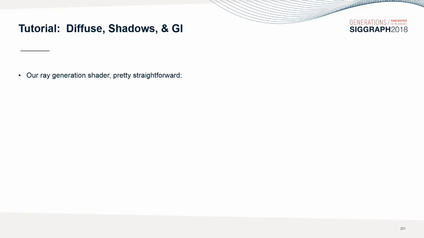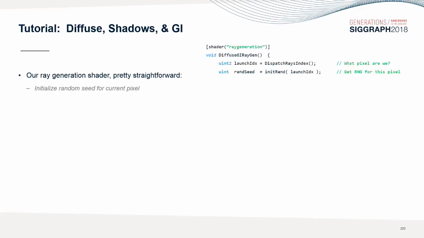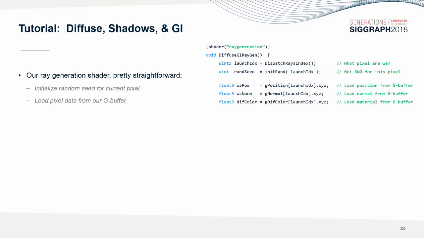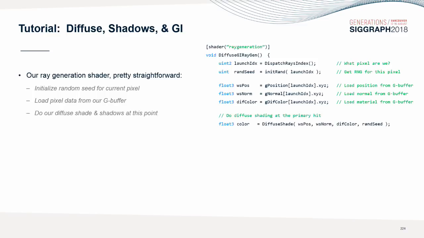So our ray generation shader is pretty straightforward. We're going to launch a ray and figure out our random seed. We're going to grab our hit position, our normal, and our diffuse color from our G-buffer textures. We're going to compute our direct shading at the surface using that same diffuse shade function I just defined.